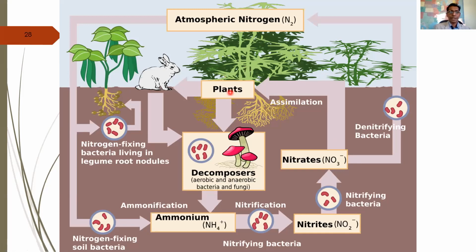When the plant is eaten by animals, it gives rise to organic material in their body, and then in their waste, that organic material can be decomposed by decomposer fungi or bacteria and given back as ammonium. But the most important thing here is that free nitrogen can be fixed only by bacteria. That's our take-home message for today.